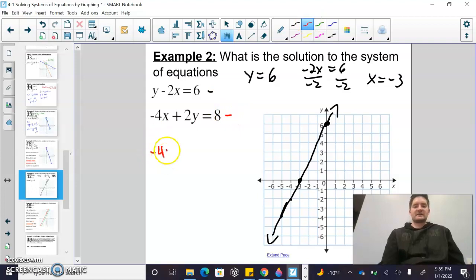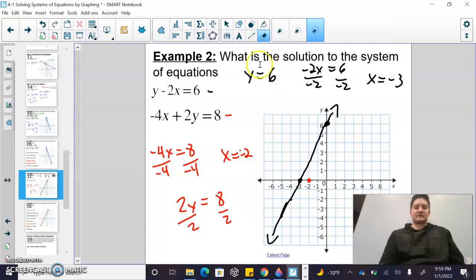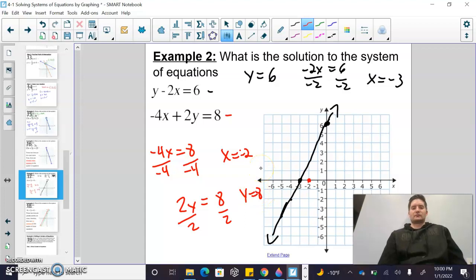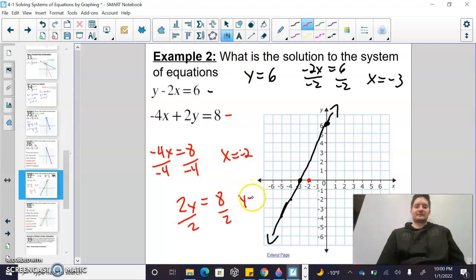Same thing here, we're going to set negative 4x equal to 8. We're going to find negative 2. And this set of equations, you're going to find very interesting. So that's y is equal to 4. I'm going to fix that because it kind of looks like I have an x.